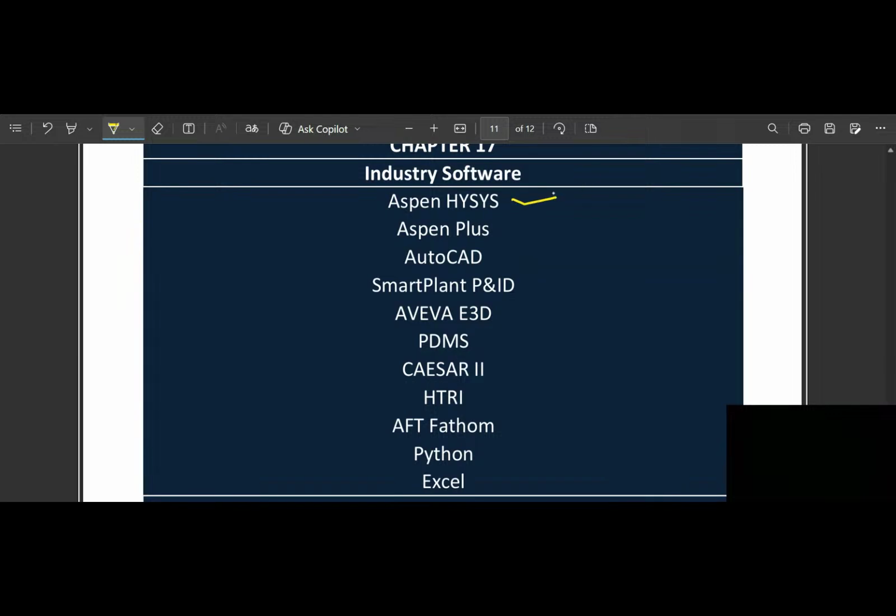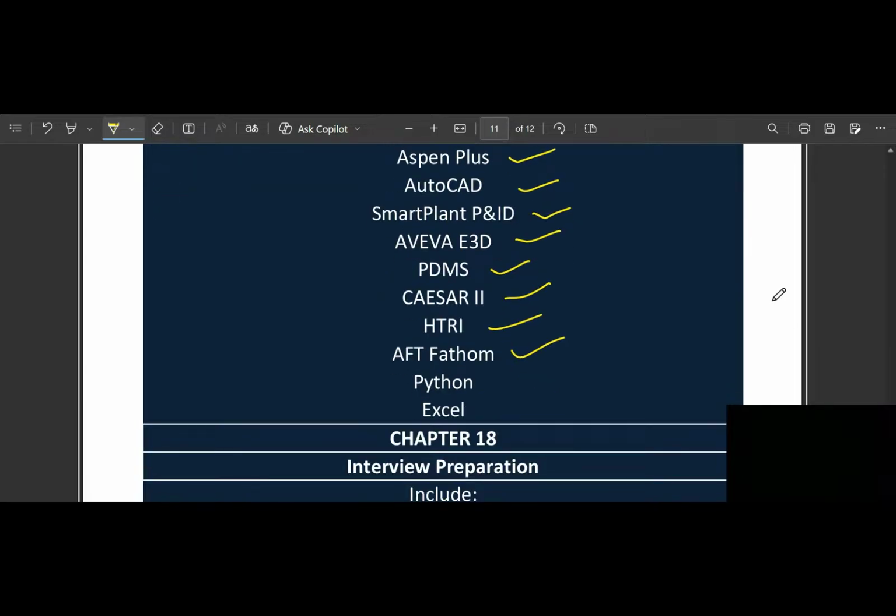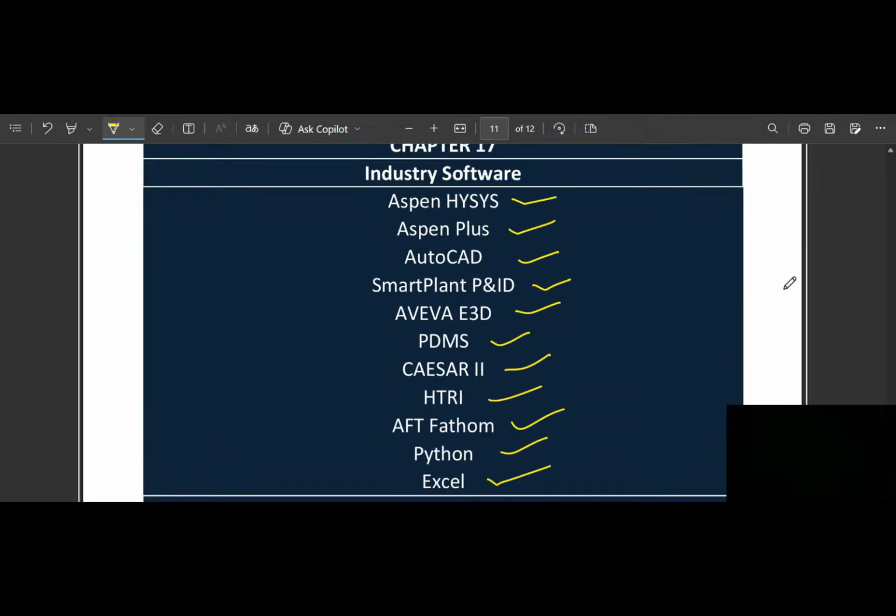Okay, usually a process engineer works on Aspen HYSYS, Aspen Plus, AutoCAD, SmartPlant P&ID, AVEVA E3D, PDMS, Caesar, HTRI, AFT Fathom, then Python and Excel. As a fresher, as a beginner, it is not possible to get all that knowledge.